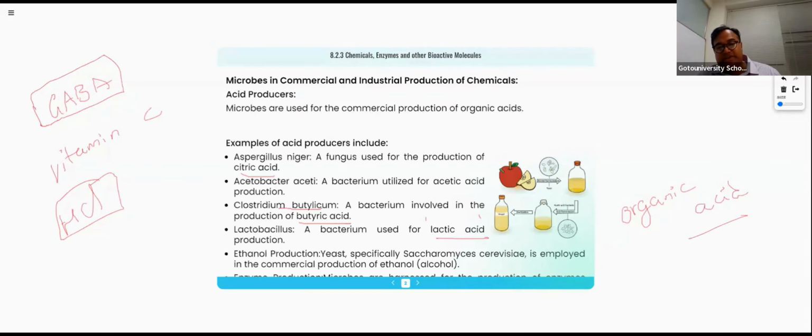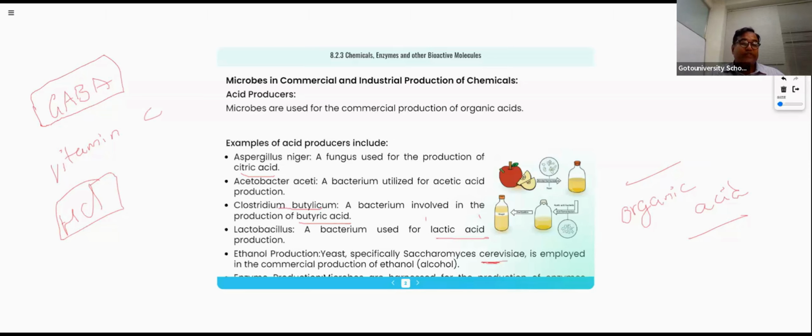Organic acid, right? So we need to understand basically that ethanol production is possible with the help of the yeast Saccharomyces cerevisiae, which we discussed just now. Lactobacillus delbrueckii is a commercial strain which is not given in the CBSE textbook, that is why we have not told you. Aspergillus niger is a fungus.